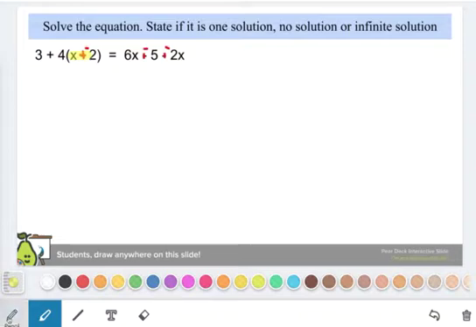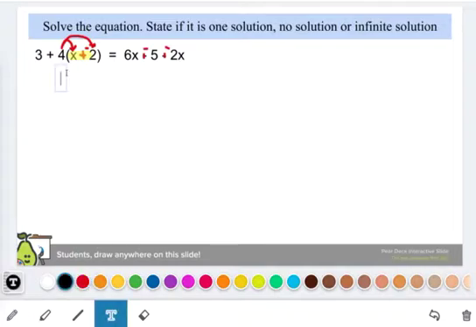That means we're going to distribute 4 to x and 4 to the negative 2. That gets you 4x plus a negative 8. I'll put it in red. And then we bring down that 3 and the plus sign.